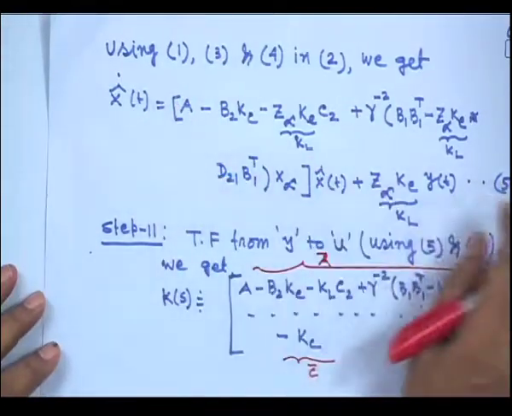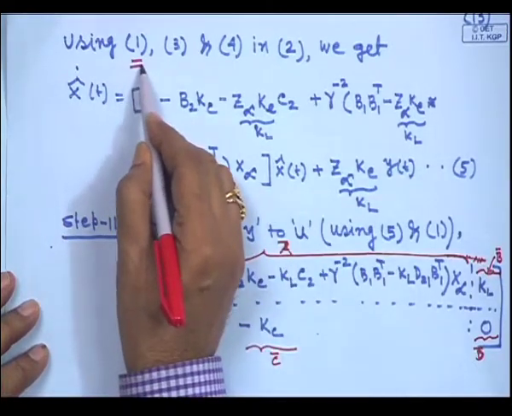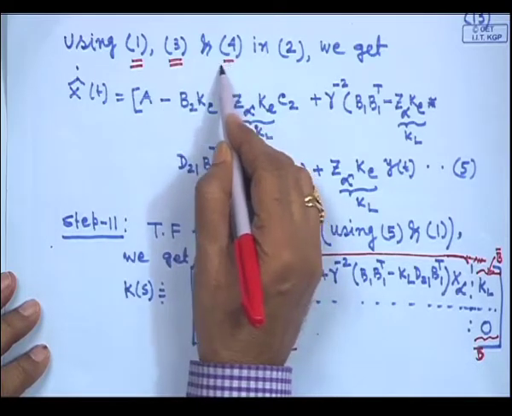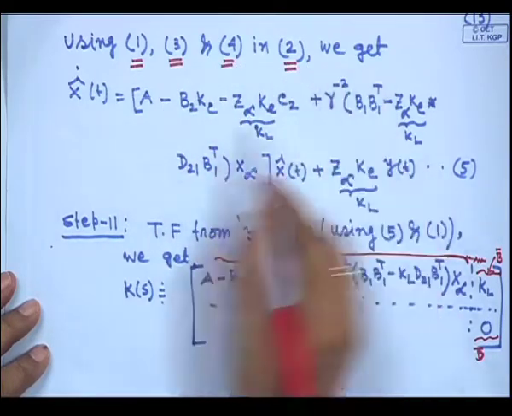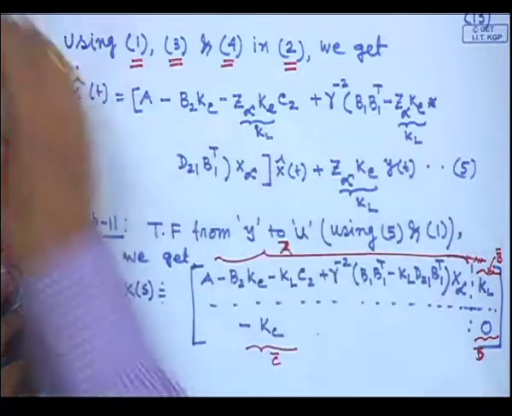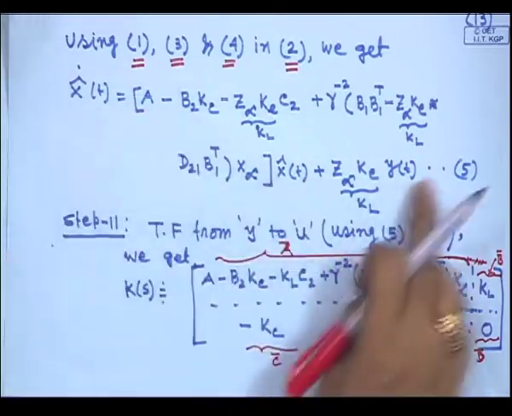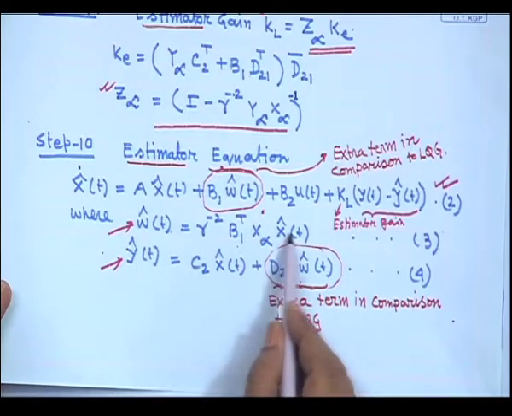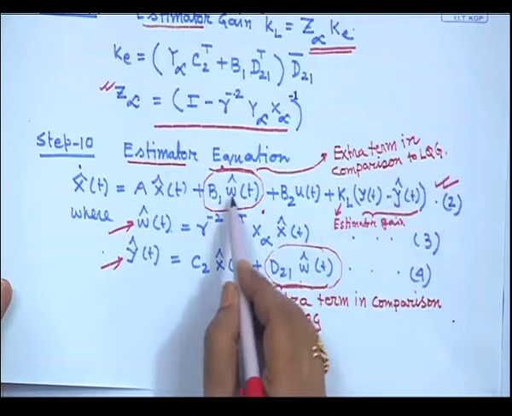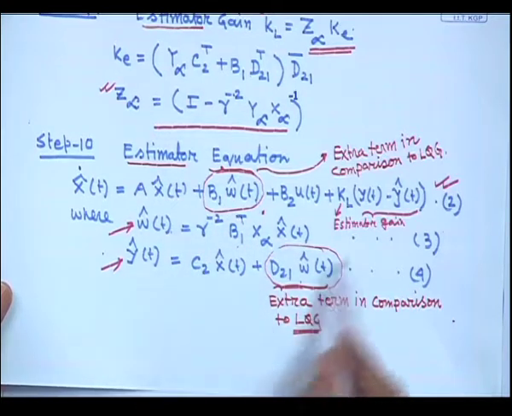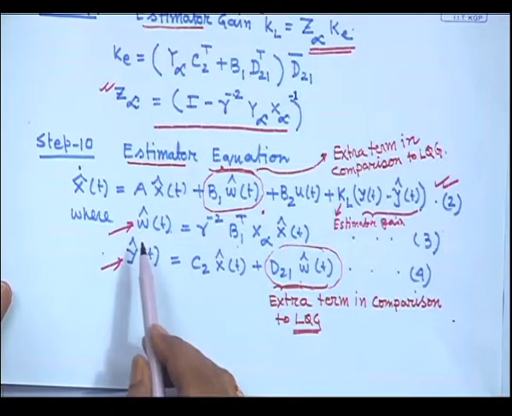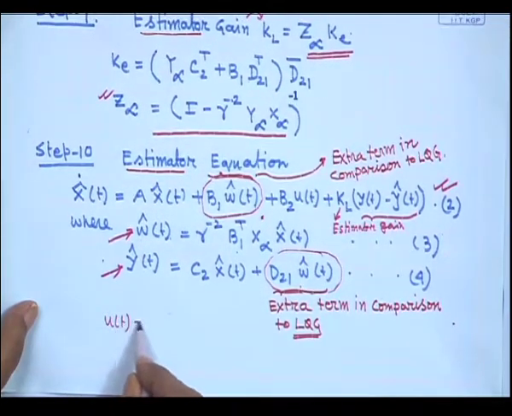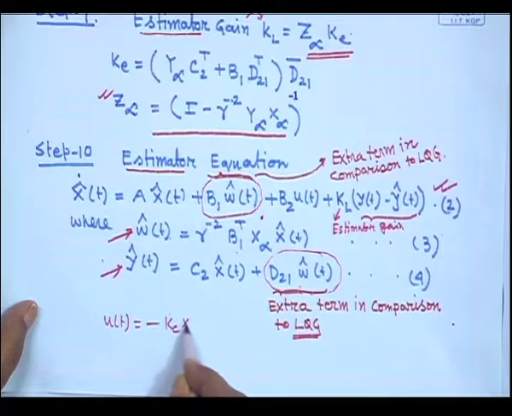So, using equation 1, then 2, 4, you can get this expression by putting the value of w hat and y hat in this, and u of t as minus K c x hat of t.